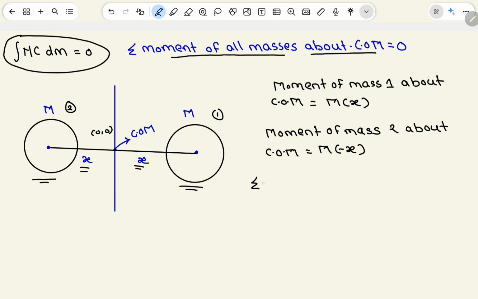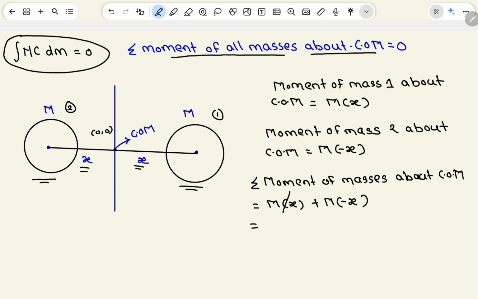Now if we sum all the moment of masses about center of mass, we get mx plus m into minus x. We can clearly see that they cancel each other out and we get the answer 0. That is why the summation of moment of all the masses about center of mass is equal to 0, and therefore this term, integral ncdm, has to be 0.